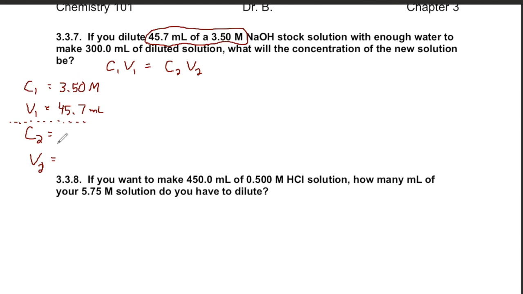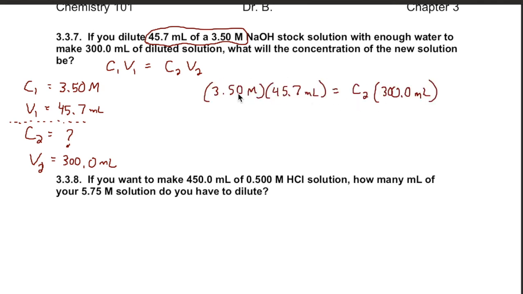They both have to be on the same side. Our diluted solution has a volume of 300 milliliters, and that is the one where we don't know the concentration yet. So 300 milliliters matches the unknown concentration, and 45.7 milliliters matches the 3.50 molar concentration.